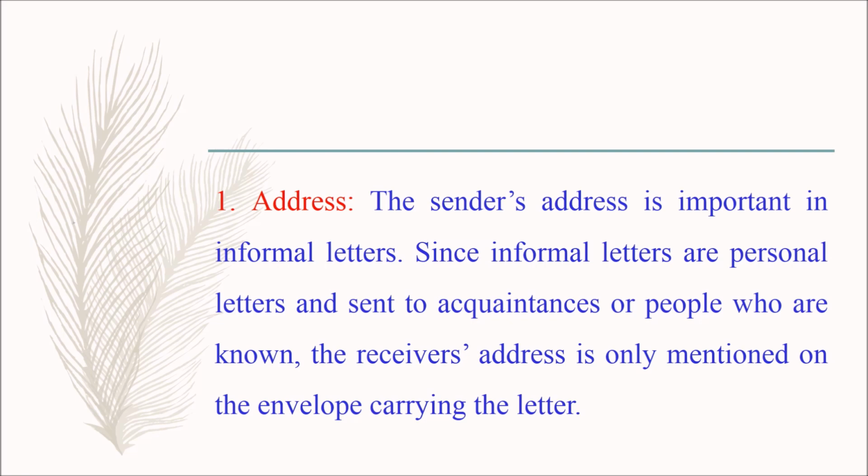So what is meant by an acquaintance? An acquaintance is someone who you have met and know slightly but not well, or people who are known. The receiver's address is only mentioned on the envelope carrying the letter.